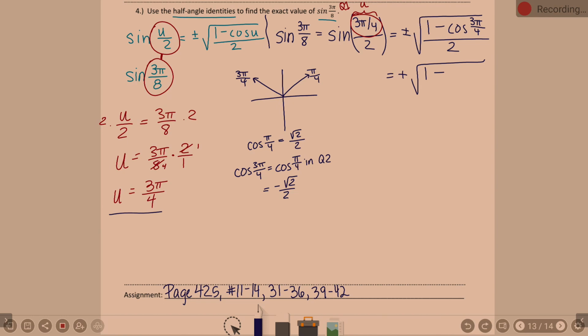Okay, fill this in. So we're doing 1 minus negative square root of 2 over 2, all divided by 2. Okay. We have two options of where to go here. First of all, what do you know about minus negative? Plus. It is plus.